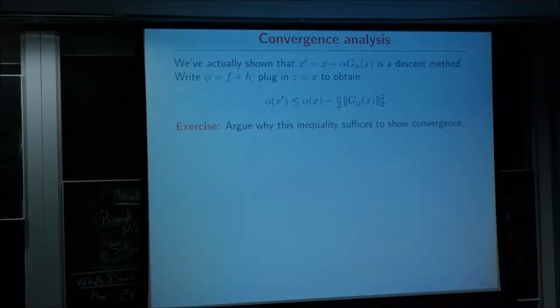And this strict descent essentially suffices to show that we must have convergence, where of course I haven't specified what I mean by convergence. Essentially this is showing that the function values you're generating, phi of x1, phi of x2, phi of x3 and so on, have strict descent.